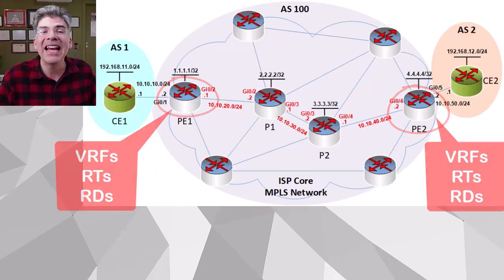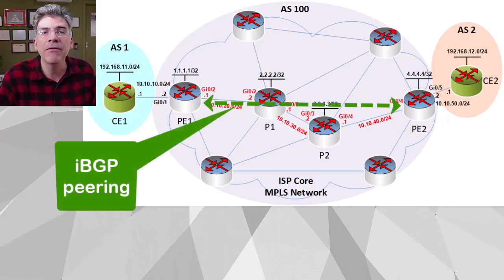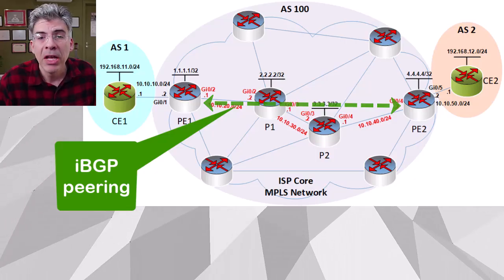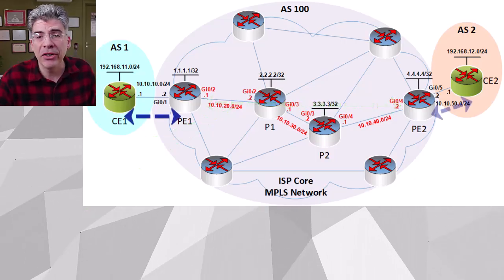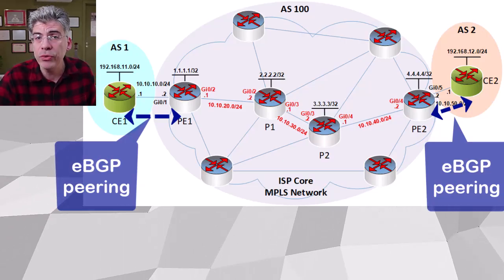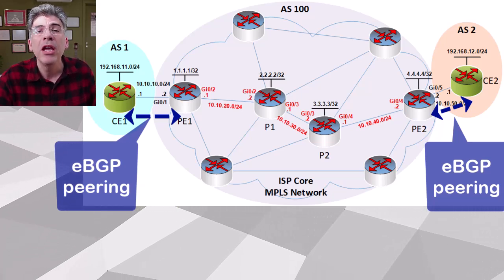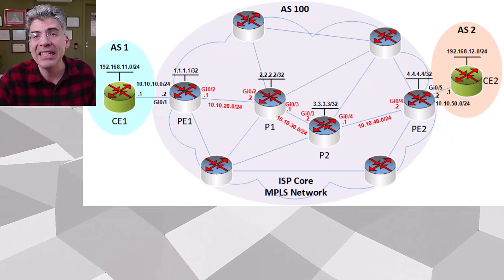We created an iBGP peering between PE1 and PE2 to share VPNv4 routes. Finally, we created eBGP peerings between CE1 and PE1, as well as between CE2 and PE2, for the purpose of sharing those customer routes between those CE devices.